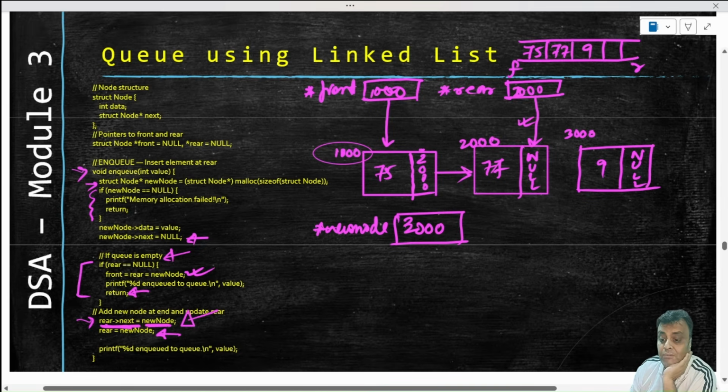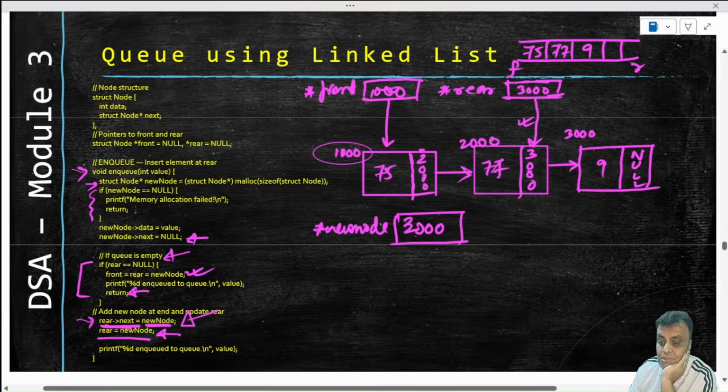We will say to rear, wherever you are pointing, that next, rear is pointing to 2000, that next should point to 3000. So we will say go away null, and you become 3000. And rear, you cannot point to 2000 now, you will need to point to 3000, because new node has 3000.